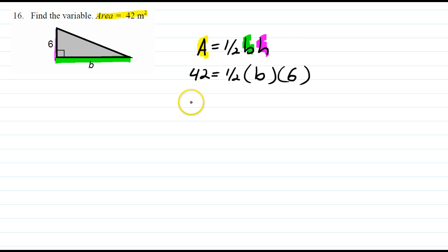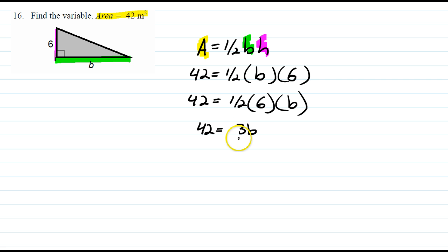All right, so now let's deal with this. And with multiplication, you can switch the order. And so I'm going to write 6 times my base. And that way now I can do half of 6, which is 3. And so now it's 3b. And now I just divide both sides by 3.